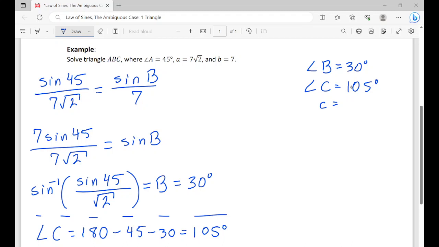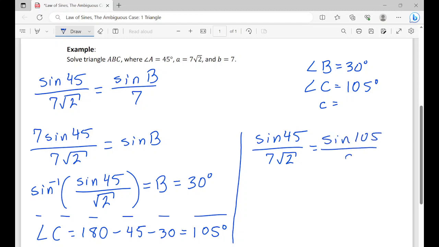Now, I can use the law of sines and angle C to figure out side C. And I'm going to stick with using A because that just seems like the easiest thing for me to do. So, sine of 45 over 7 root 2 is equal to sine of 105 over C. Now I'm going to solve for C. I'm going to multiply the C over, divide the sine 45 over, and multiply the 7 root 2 over.